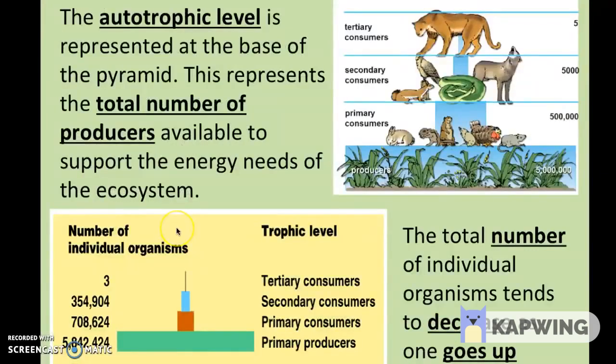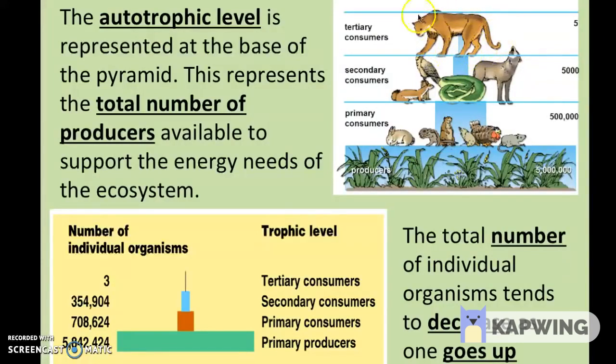So this numbers pyramid is just showing the amount that you have available in a specific population in a specific habitat. So the autotrophic level is going to be your producer level, and generally they're going to be the largest amount of organisms that you have. So in this example, you have 5 million producers available. You got lots of these grasses and other types of plants. And then you can see the amount of those organisms gets smaller as you go up. But one thing that I think is interesting is the organism itself generally is going to be getting larger.